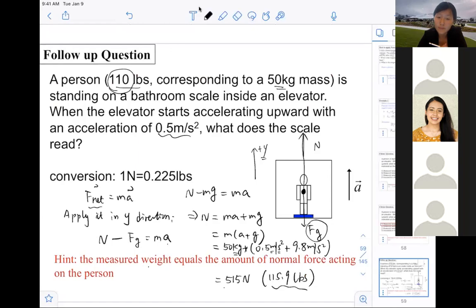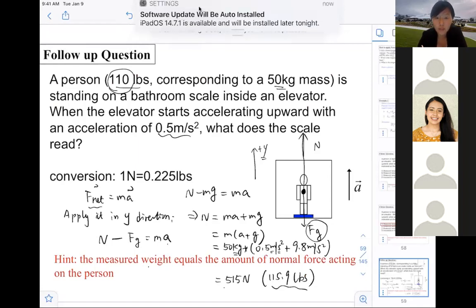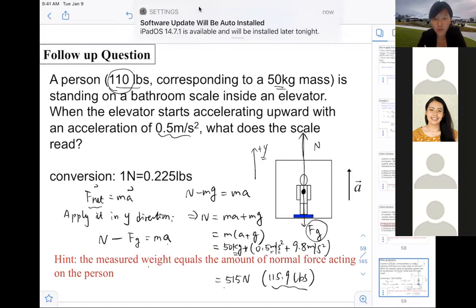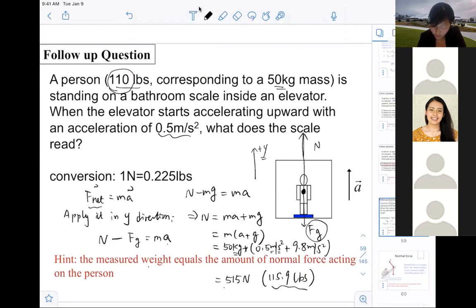Oh, never mind. Sorry, I made a mistake. Okay, sure. It all has to do with the positive direction you choose. You could try choosing your positive to be downward and see if you still get the same result. You should still get the same result. Thank you for that question.